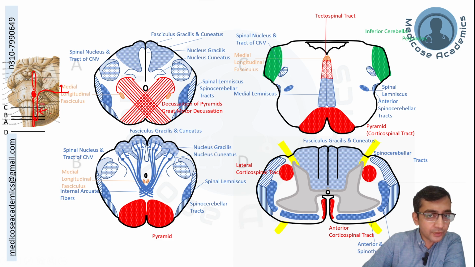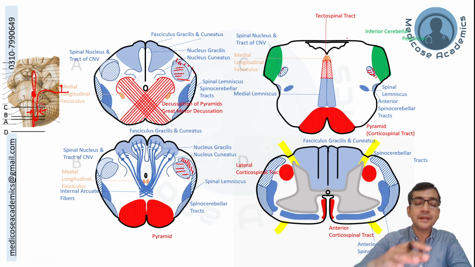So these moving down fibers, these are called spinal tract. So you will see spinal tract right here. Moving down, you will see it right here and here, and this nucleus you will see at all the levels. You can see it right here and in this level and at this level.